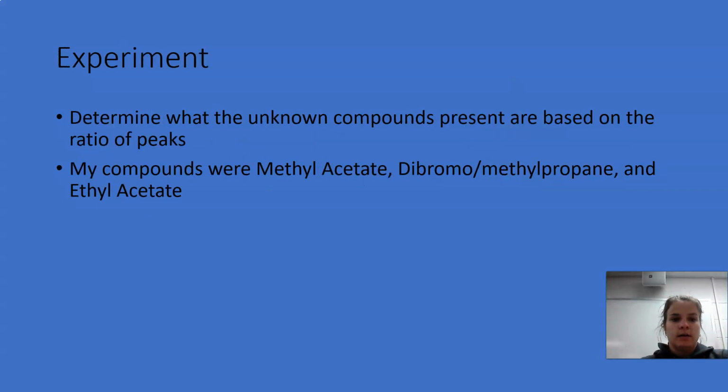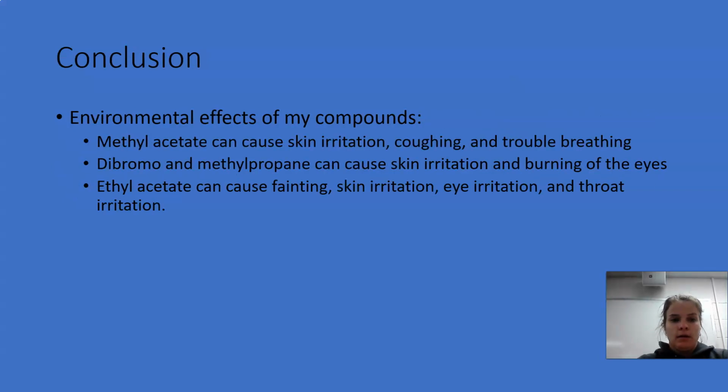I could tell that because there's only a certain amount of each thing that can be in the substances, so based on your ratios, you can tell which compound you have.